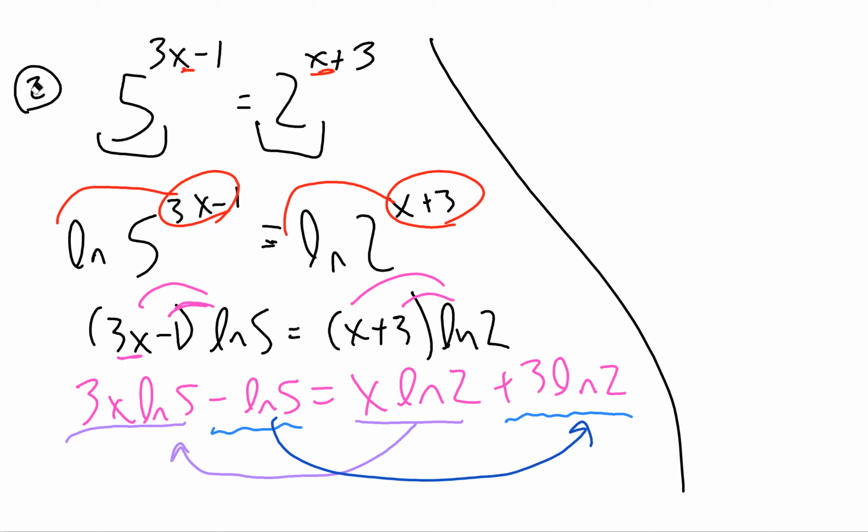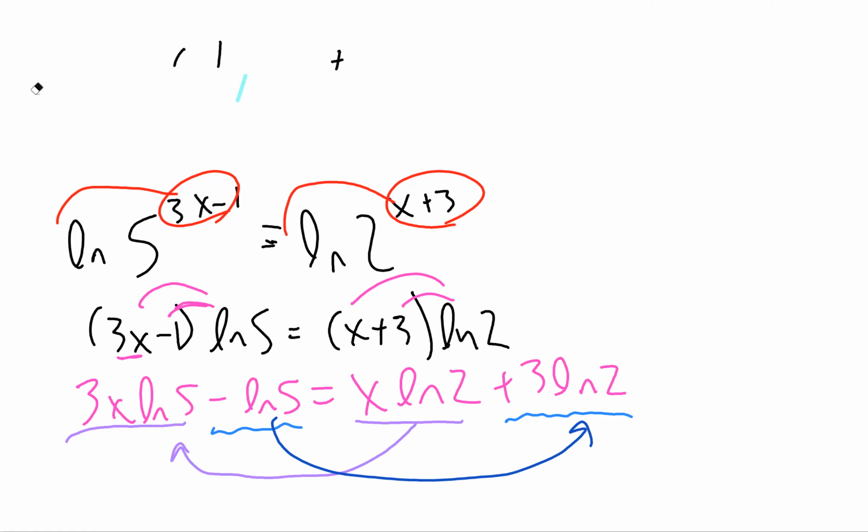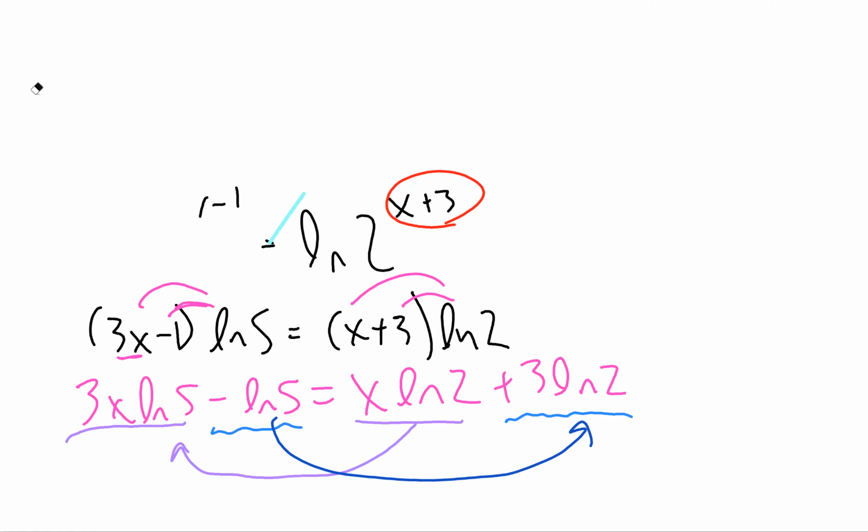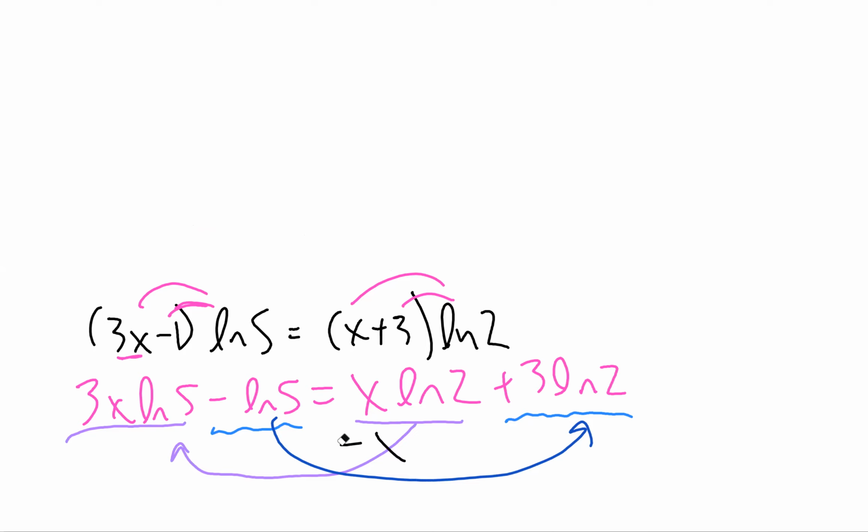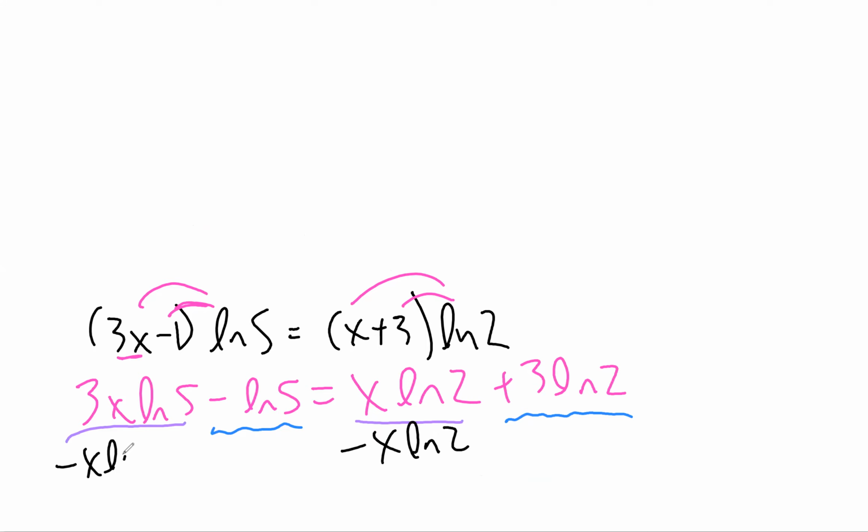Eraser. Okay, so let's do that. All right, so on the left-hand side, we are going to, hold on, let me get some space here. We are going to subtract the x ln of 2 from both sides, and we are going to add the ln of 5 to both sides. Okay, and then I'm going to come up top because I'm running out of space here.